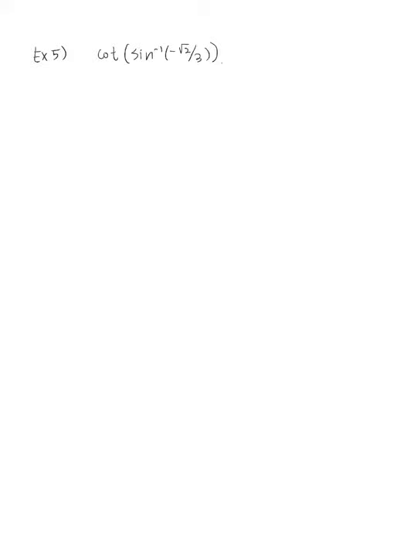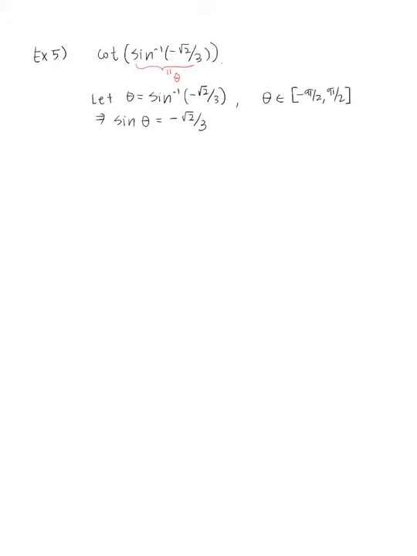So let me just start off with this. We're going to do the same thing. Let theta be sine inverse of negative square root of 2 over 3. Remember, theta better be between negative pi over 2 and pi over 2. And this implies that sine of theta is negative square root of 2 over 3.